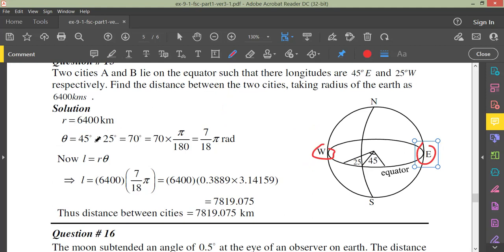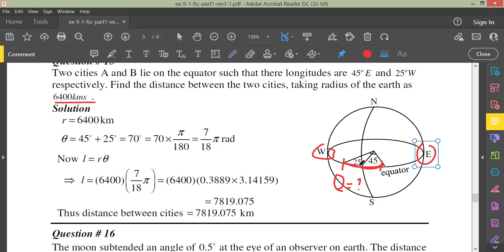We know that theta is equal to 45 plus 25, which is equal to 70. We have to find distance. It means this distance we have to find simply. This will be equal to L. We have to find value of L. R is equal to 6400 kilometers, and theta is equal to 25 plus 45, because we have to calculate this total distance.